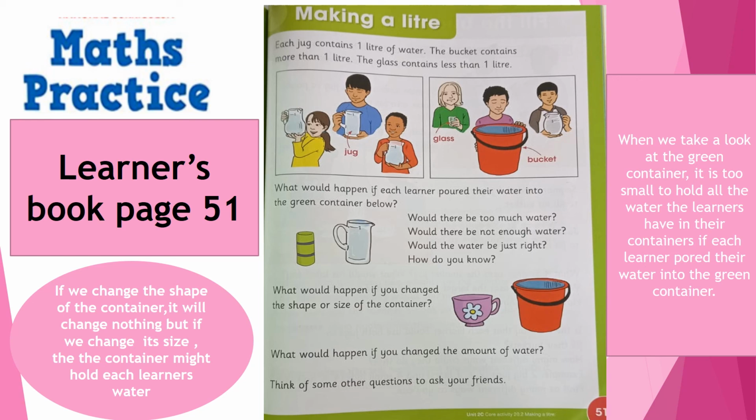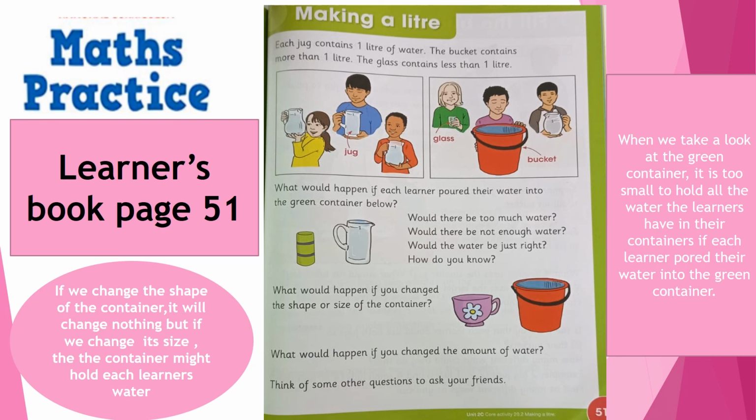The next question says, would there be not enough water? Should all the learners pour their water into this green container? Would there be not enough water? What do you think? You write your answer in your books. Would the water be just right?